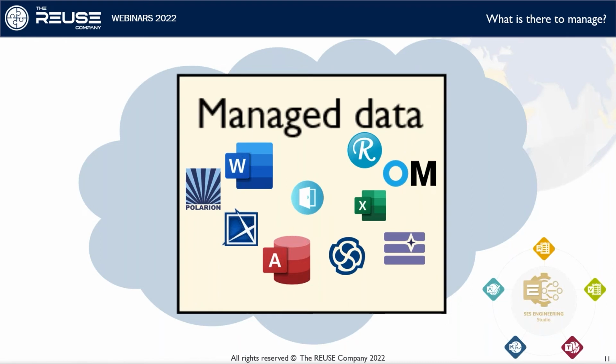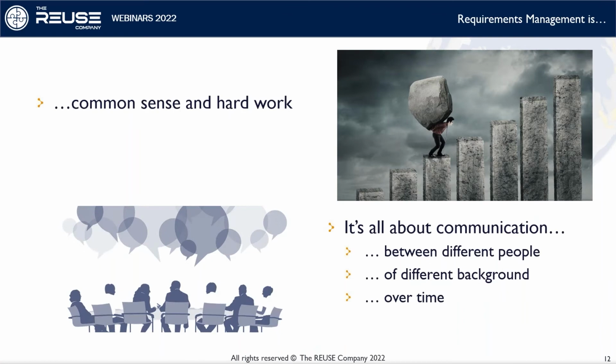Okay, so managing data is sort of to make it available and make it consistent over time. And there's nothing strange with this. It's only common sense and hard work. Unfortunately, common sense is not always common. So you would need to be very structured to do this. And you need to be able to communicate what you're doing between different people with different backgrounds and over time.